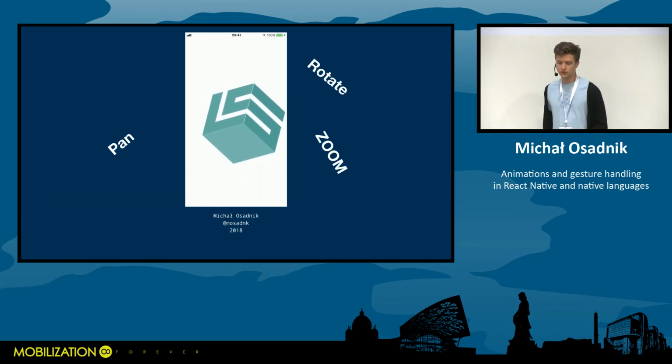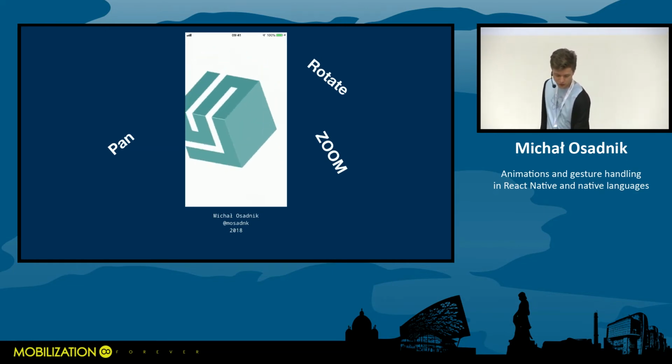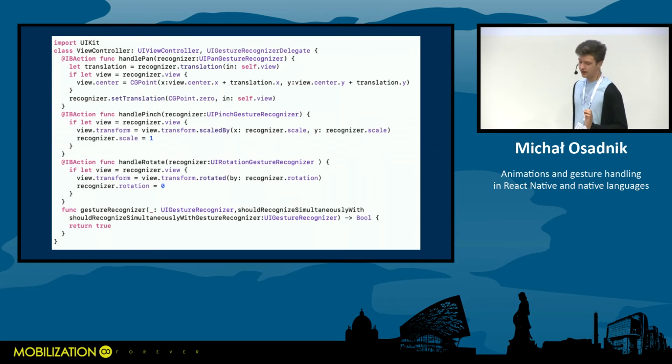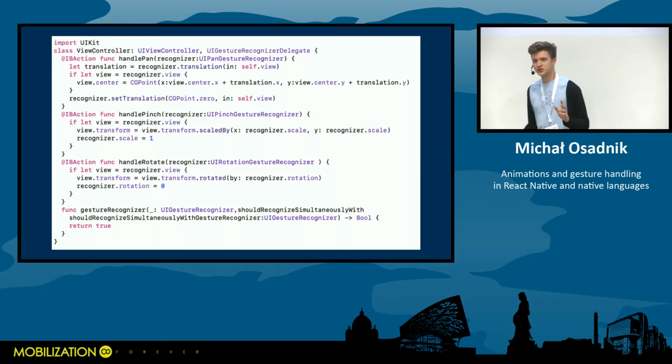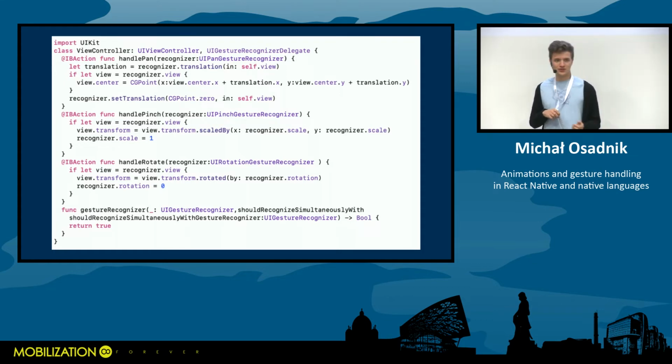I've done it on iOS in Swift, and let me show you the code. How many of you are iOS developers? Okay, how many of you are Android developers? How about the rest? Okay, so if you are iOS developers, you won't be very surprised, but me as a former Android developer, I was extremely surprised how easily it could be achieved.